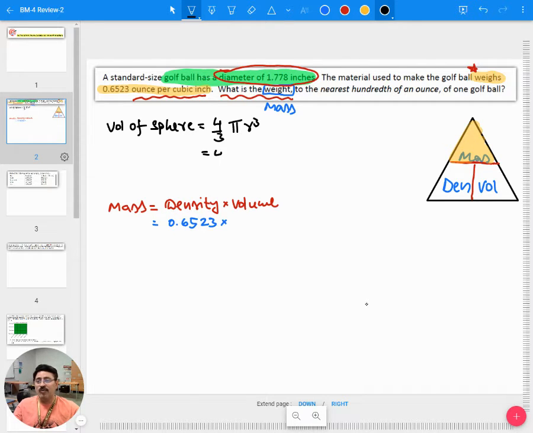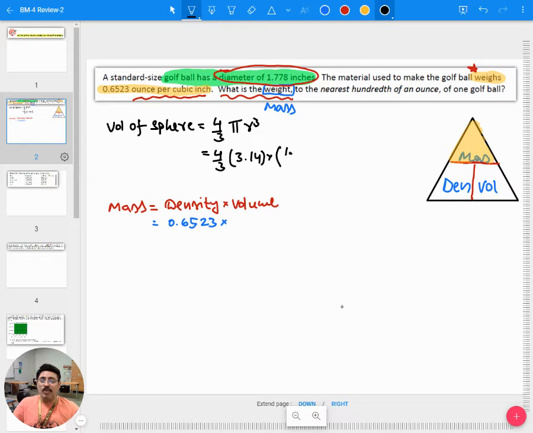So it is 4 by 3 times 3.14 times radius cubed. What is the radius here? Again, this is the tricky part. Please notice that the diameter is given, not the radius. But you know that radius equals half of the diameter.